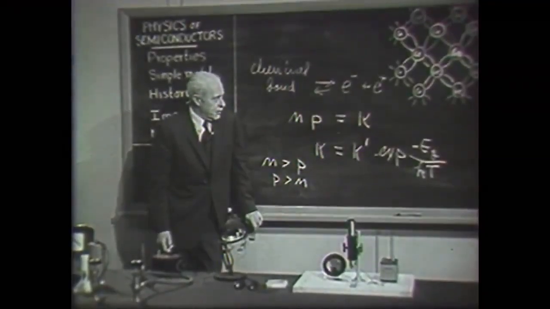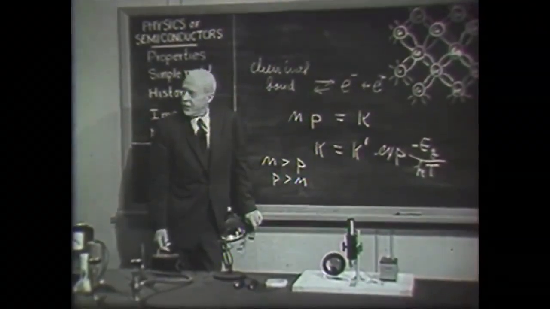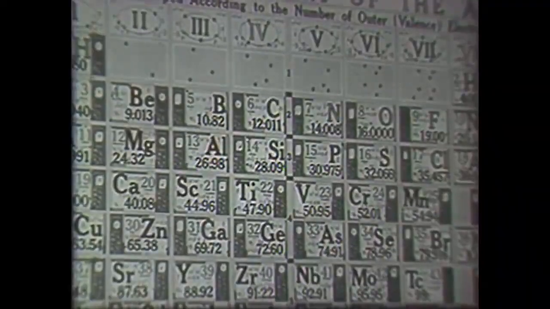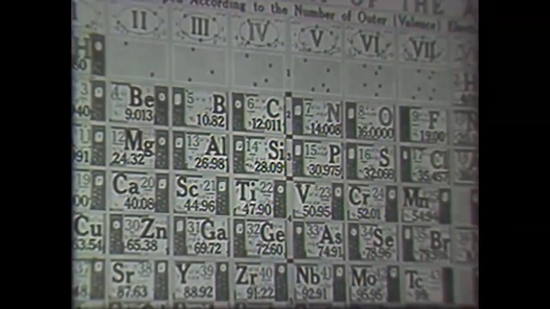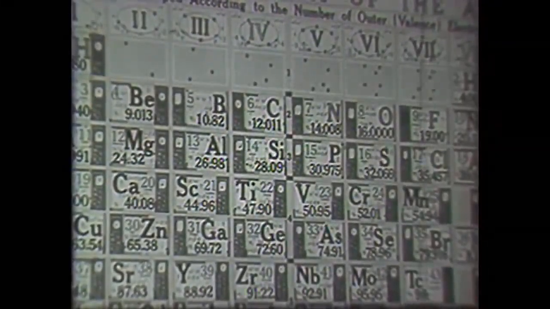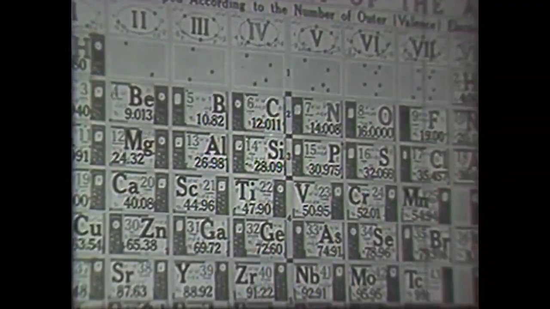The real big break came when one began to concentrate on the simpler materials like silicon and germanium, materials that are, after all, made up of single atoms, and one could control and find out what the impurity atoms in the crystals were.